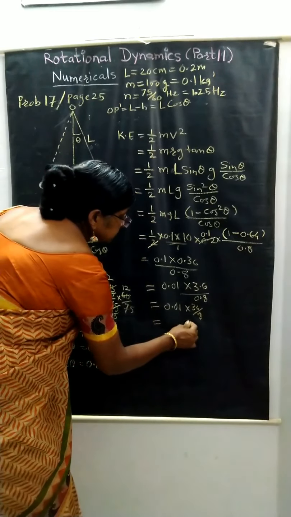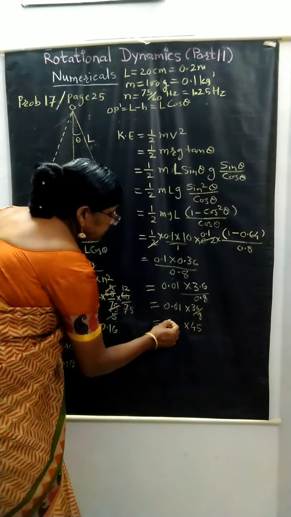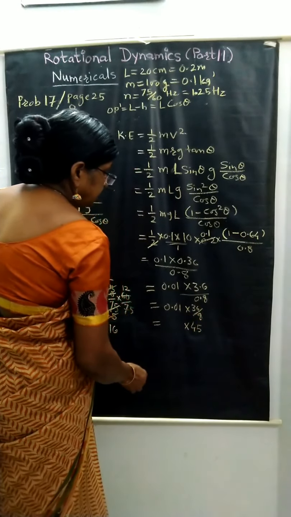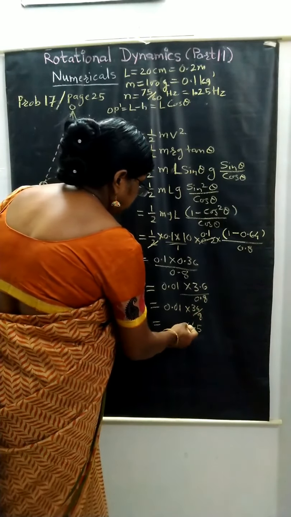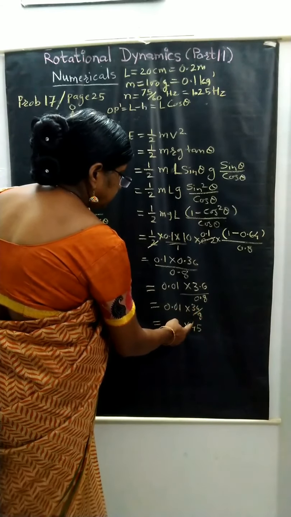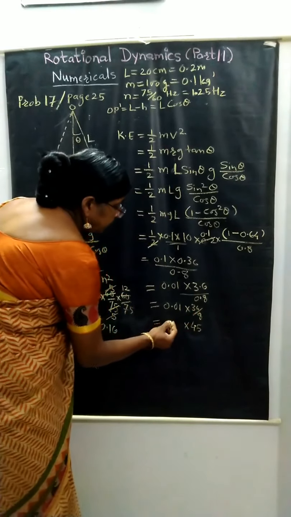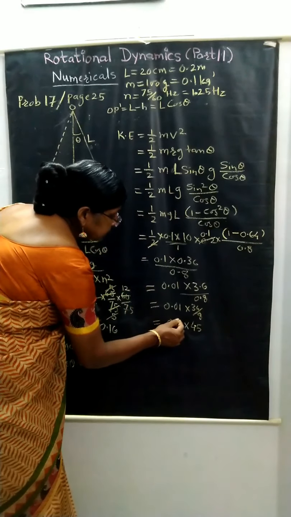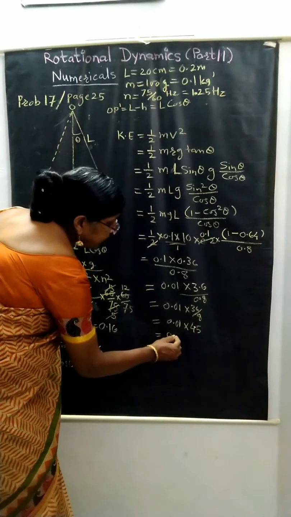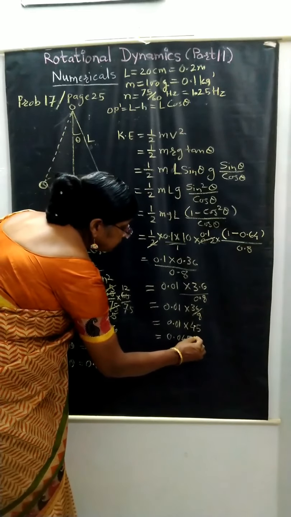So 36 divided by 8 gives us 4.5. 4.5 into 0.01 gives us 0.045 joule.